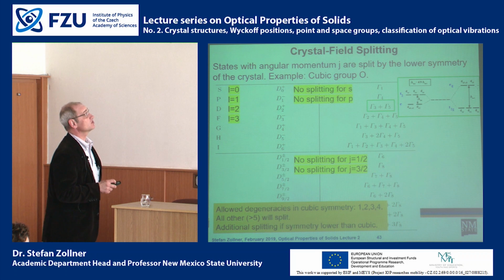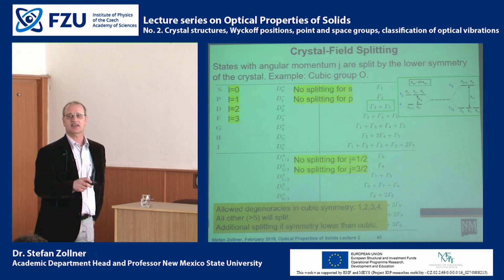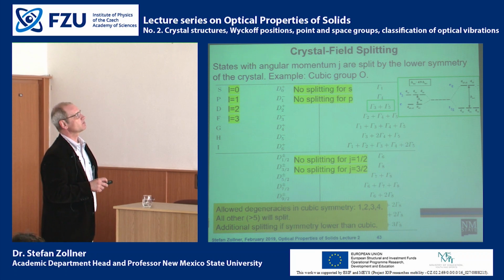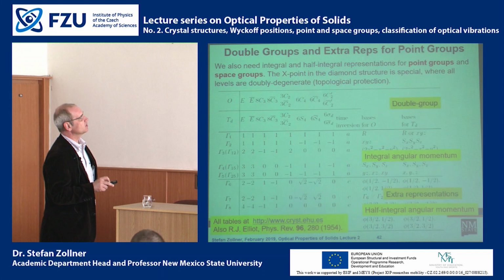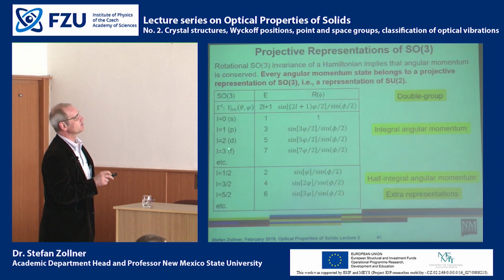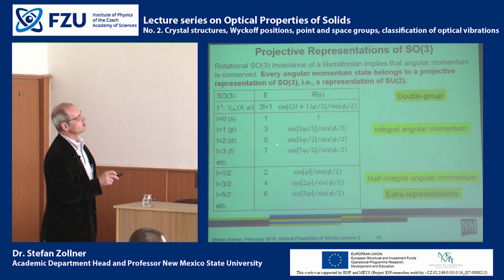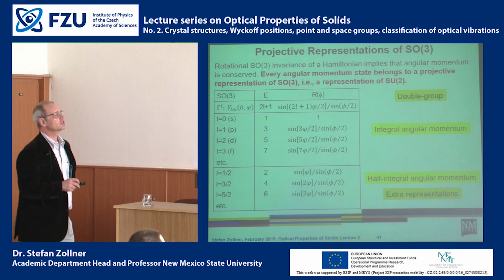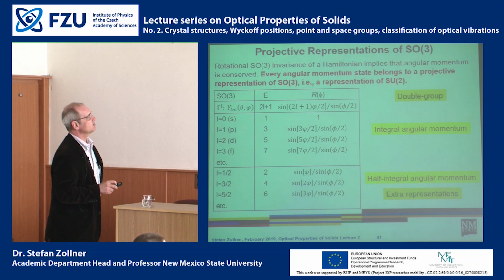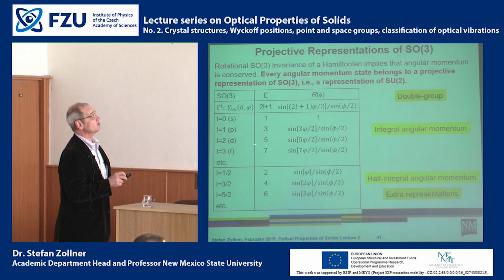The other thing that happens in a crystal is that we do not have the full rotational symmetry, and therefore states with higher angular momenta have to split. So let's look at this D state, which has 5 wave functions, and if I have full rotational symmetry, then these 5 wave functions will all belong to the same energy in the Bohr model.